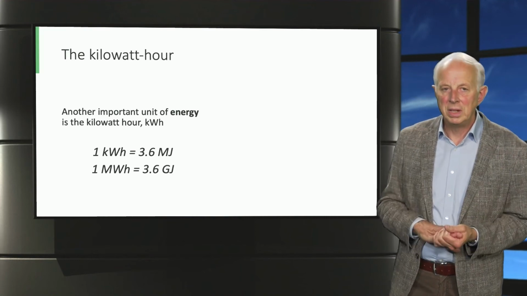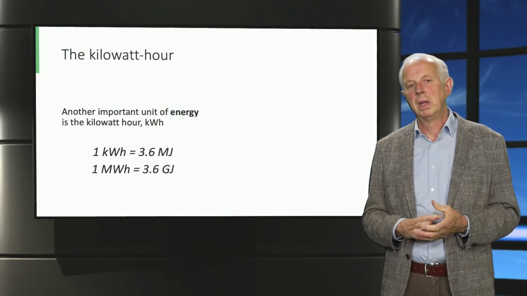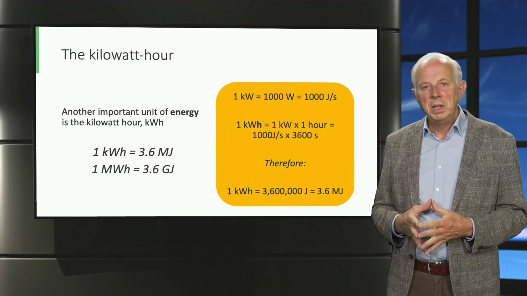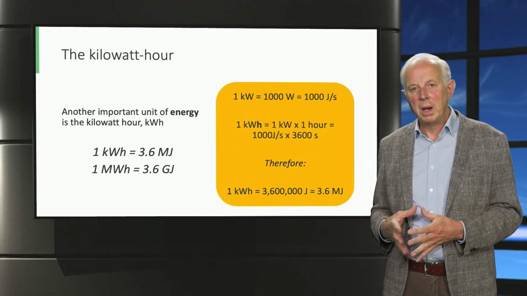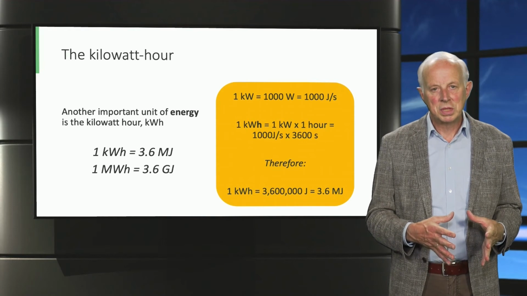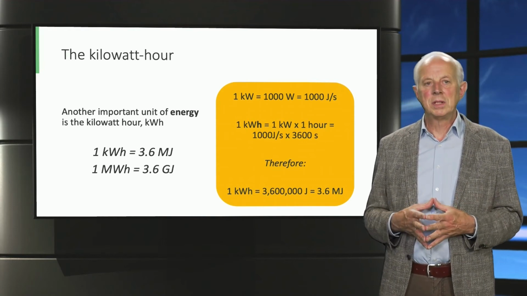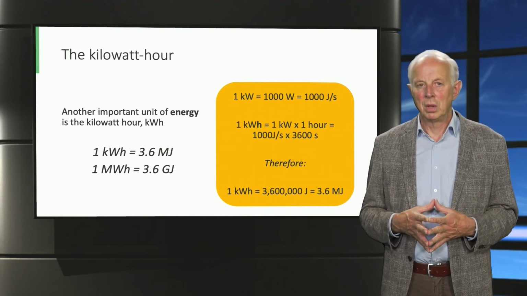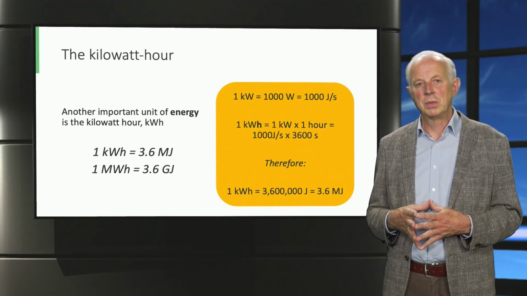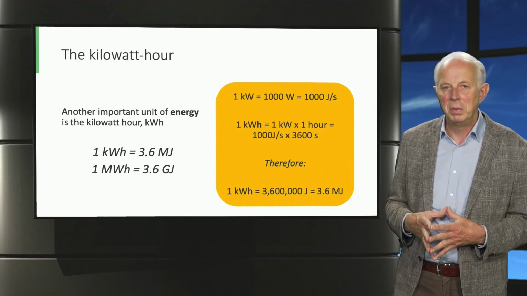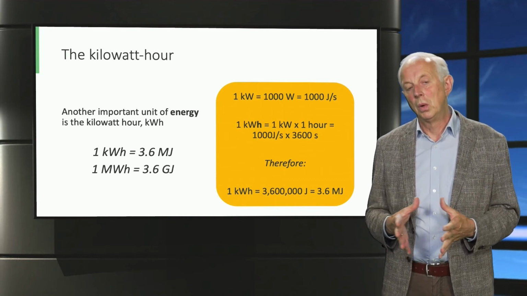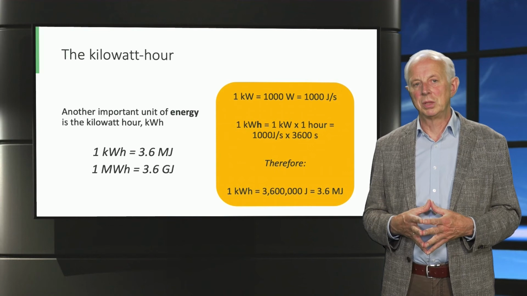As you can see, the relation is quite straightforward. 1 kilowatt hour means you are using 1 kilowatt for 1 hour, meaning 1000 joules per second for 3600 seconds. The total energy content of a kilowatt hour is therefore 1000 times 3600, which is 3,600,000 joules, or 3.6 megajoules.